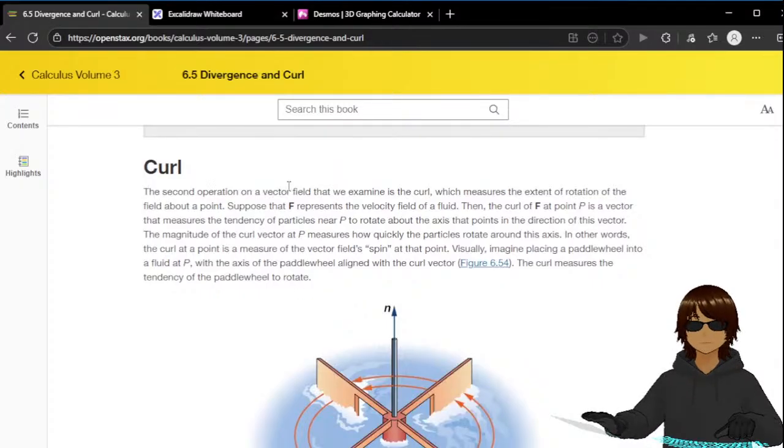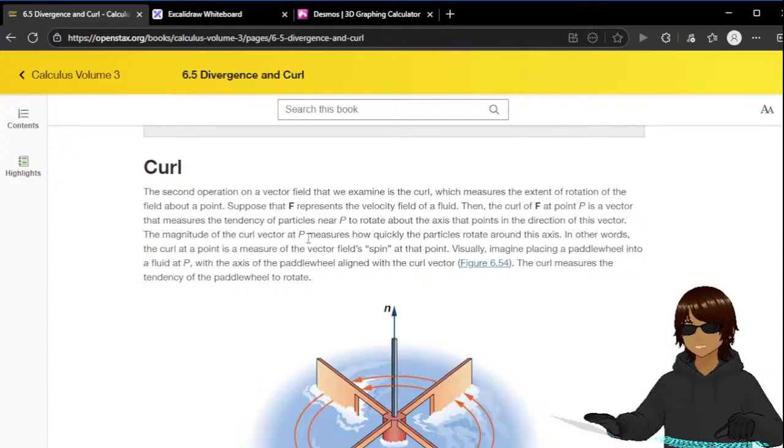The second operation on a vector field that we will examine is the curl, which measures the extent of rotation of the field about a point. Suppose that F represents the velocity field of a fluid, then the curl of F at a point P is a vector that measures the tendency of a particle near P to rotate about the axis that points in the direction of this vector. The magnitude of the curl vector at P measures how quickly the particle rotates around this axis.